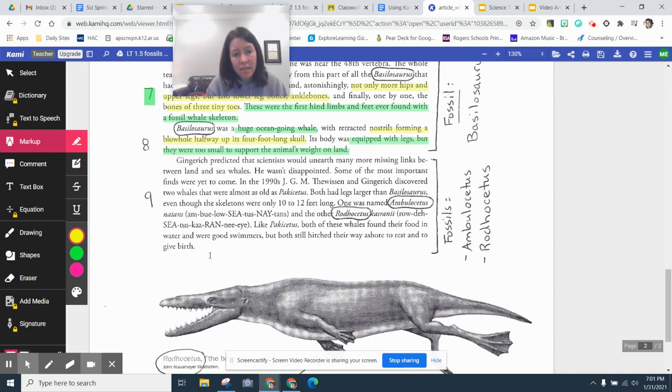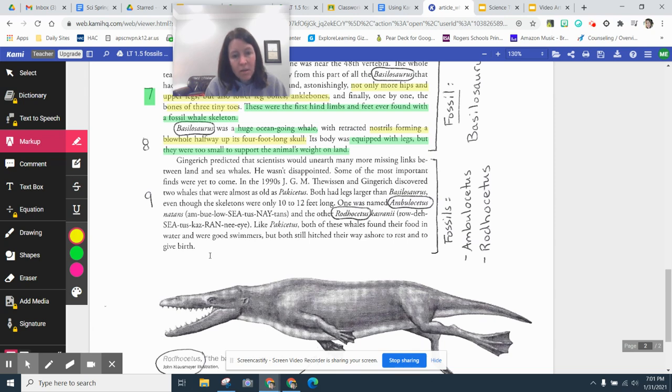In the 1990s, Thaassen and Gingrich discovered two whales that were almost as old as Pakicetus. Both had legs larger than Basilosaurus, even though the skeletons were only 10 to 12 feet long. One was named Ambulocetus and the other Rhodocetus.